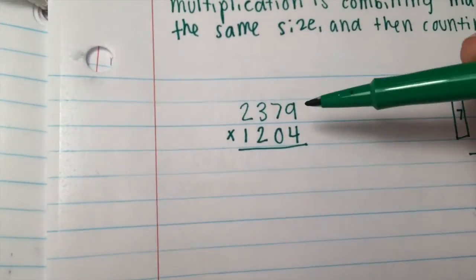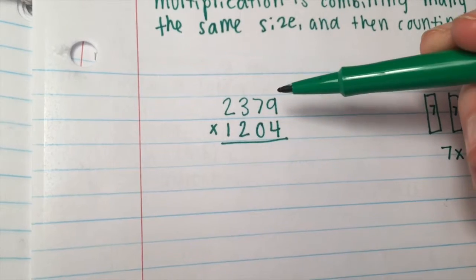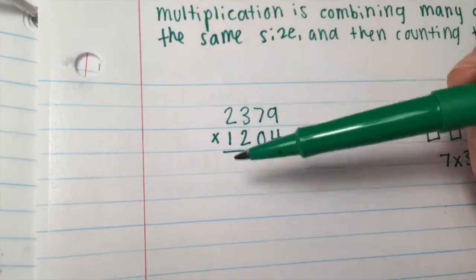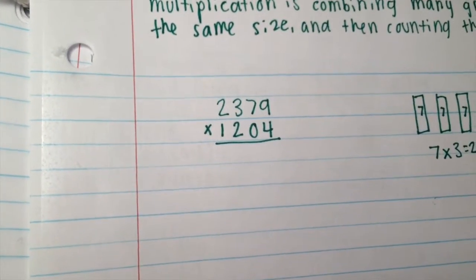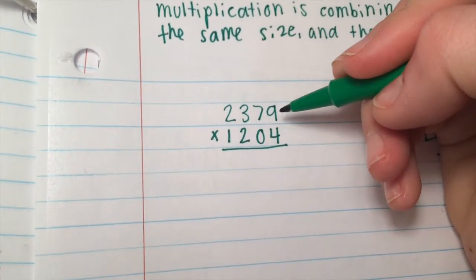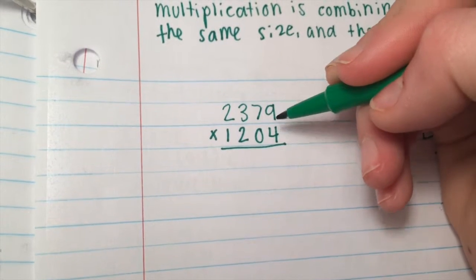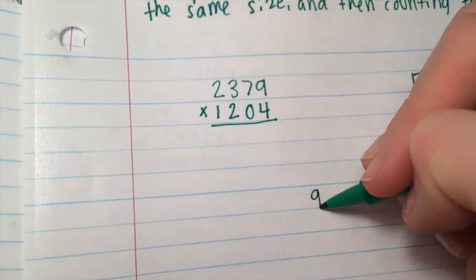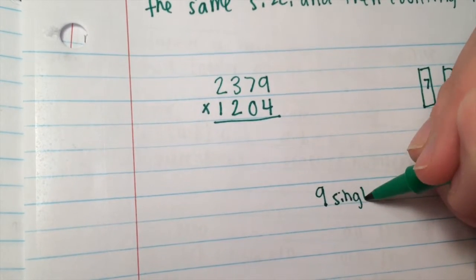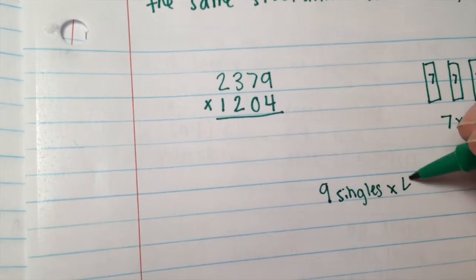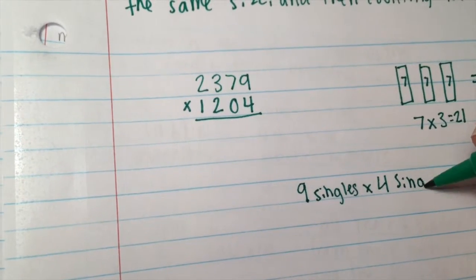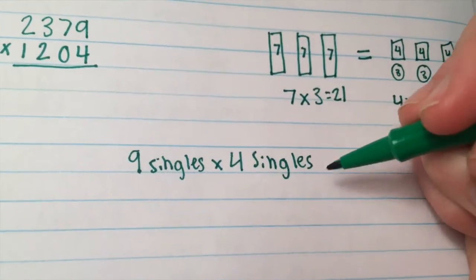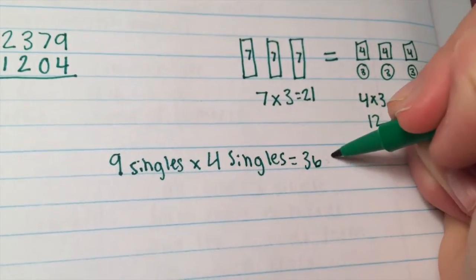If we take the approach of remembering that these are singles, rods, flats, and supercubes, it's a little bit easier for us. So if we think here, 9 singles times 4 singles, we get 36 singles.